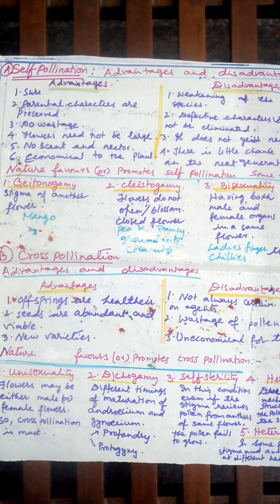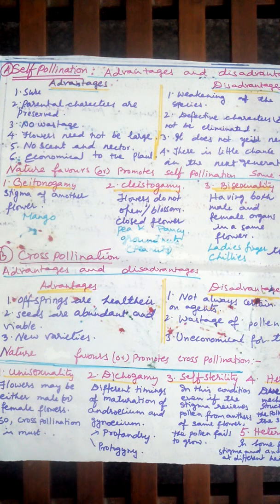With all these advantages and disadvantages, nature sometimes favors or promotes self-pollination. Now, all plants don't wait for cross-pollination only. Sometimes nature favors self-pollination. What are those things which favor self-pollination?